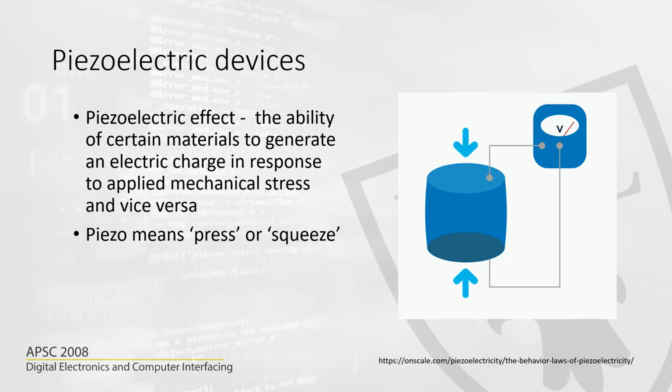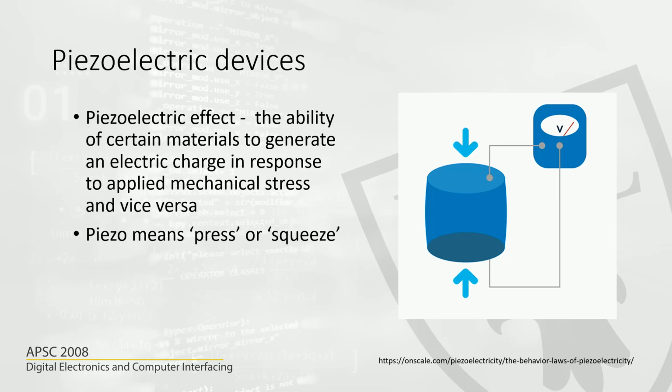In this video, we'll talk about piezoelectric devices. The main principle that governs the operation of these piezoelectric devices is called the piezoelectric effect. Piezo technically means press or squeeze in Greek.